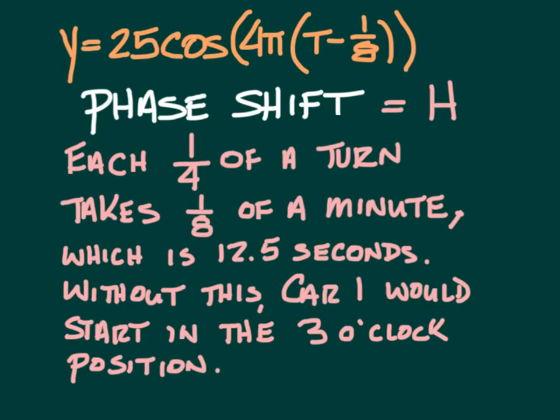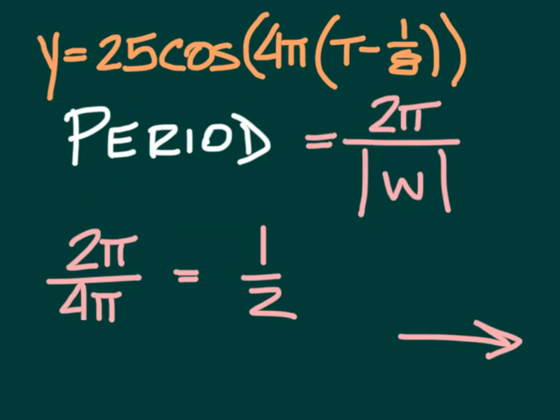Without this, car 1 would start in the 3 o'clock position. That's why we had to put that phase shift in there to begin with. Because we don't want to start at the 3 o'clock position, we want to start at the bottom, which is the 6 o'clock position. And then for the period, we've been over this in the last thing, where it's 2 pi over the absolute value of w, and in this case it comes out to be 1/2.